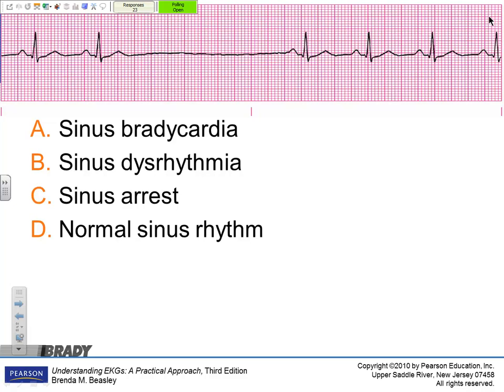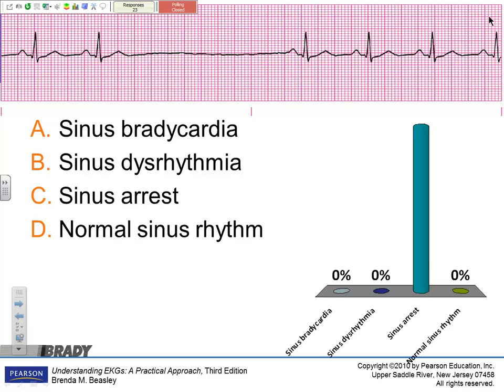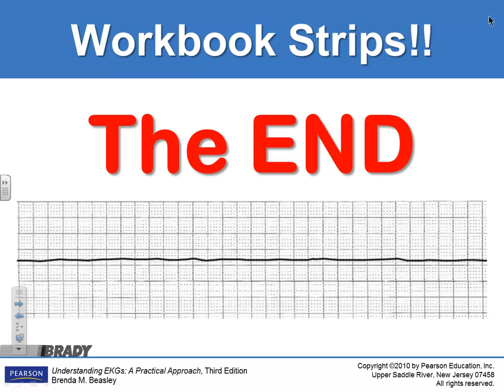I would probably say more than one of the normal complexes, the normal R to R. If you haven't voted, oh, we all voted, I'm sorry. This is definitely sinus arrest. How many complexes are missing, you think? Maybe 3, 2.5. So yeah, this patient could be symptomatic.